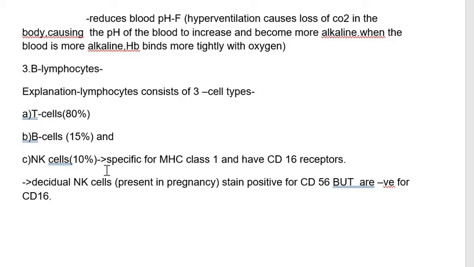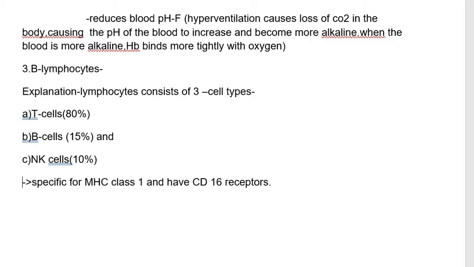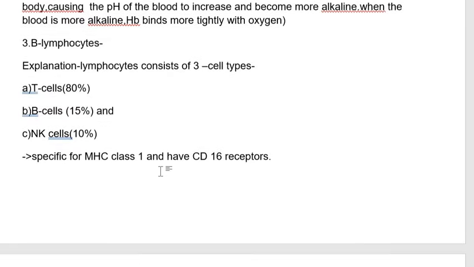So they are more specific for major histocompatibility class 1, and they have CD16 receptors. Which cells? Natural killer cells, they are more specific for major histocompatibility complex 1, and they have CD16 receptors.